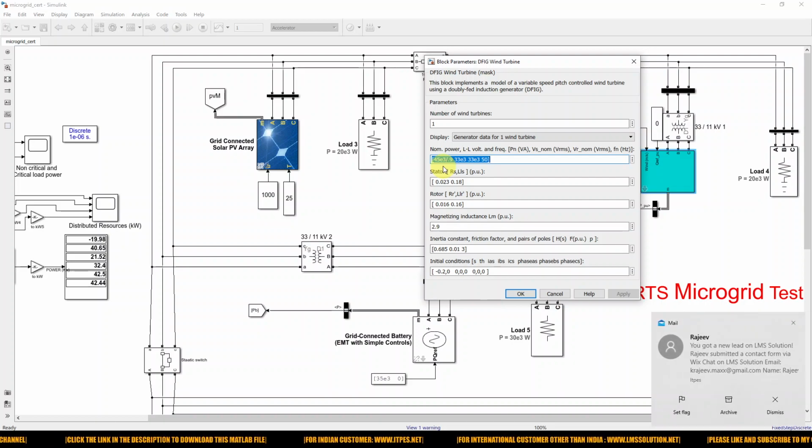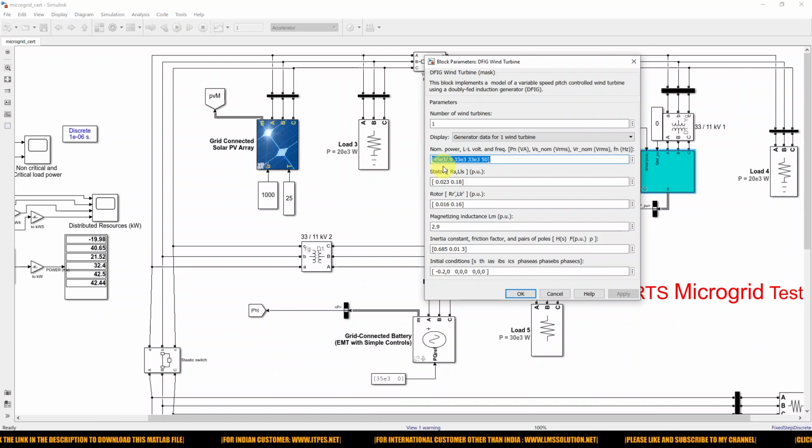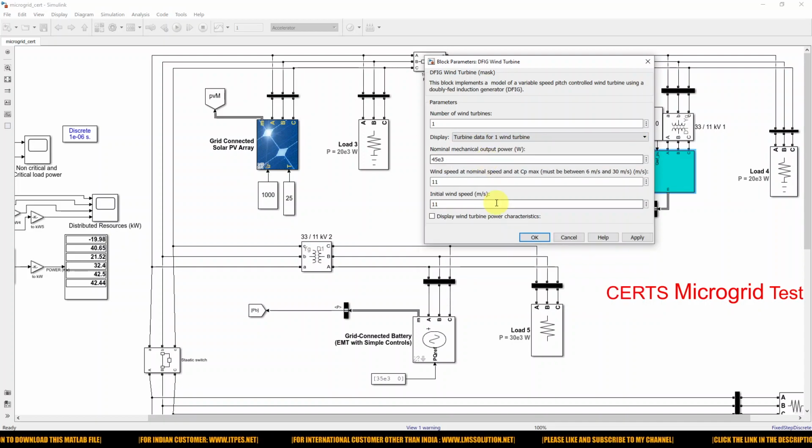The stator voltage is around 33 kilovolt with 50 hertz frequency, and the turbine data is 45e3, that is 45 kilowatt, right? And the nominal wind speed at maximum Cp will be equal to 11 meters per second. Here the initial wind speed is considered as 11 meters per second.